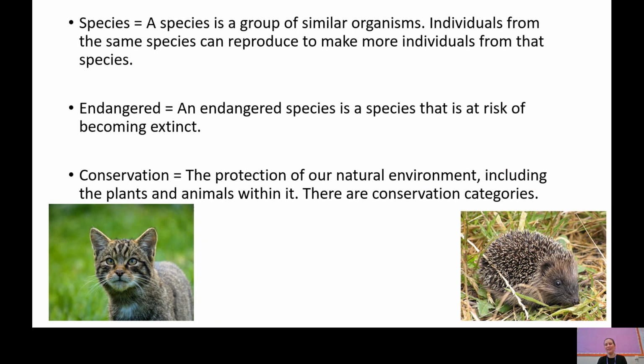Well done, Year 5. So we've got vulnerable, endangered, and critically endangered. Fantastic if you remembered that from last lesson.